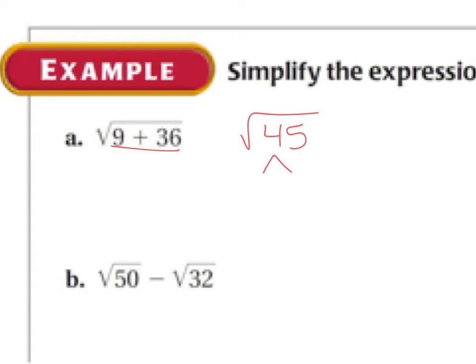Which perfect square goes evenly into 45? Well, that would be 9. So that would be like the square root of 9 times the square root of 5. Okay, and then go ahead and take the square root of 9, so that's 3. So 3 square roots of 5 is your answer, because you can't simplify the square root of 5 anymore.